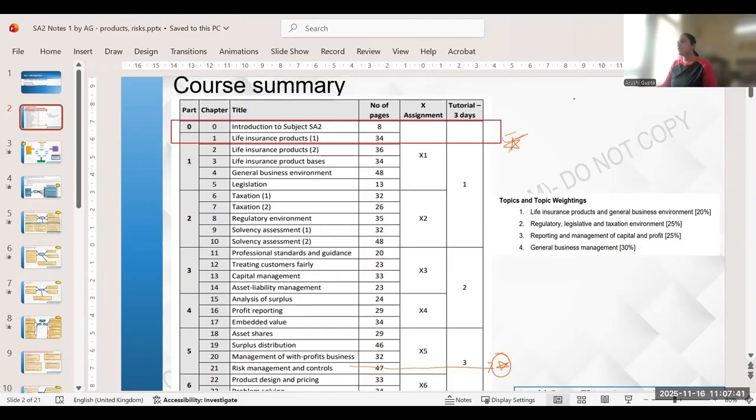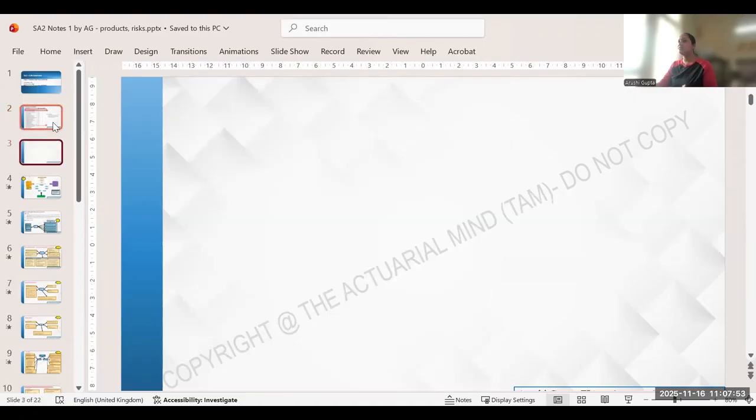Now, this chapter, yes, it contains lots of products, it discusses the features and everything. But I want to start with a helicopter view of how we should prepare, how we should connect the dots, and how to take things ahead for a good SA2 preparation. So in every class, the idea is that if you read and come, you will be able to catch things and grasp in a manner which will help you connect the dots and increase your chances to clear the exam. Now, yes, the core or the base of the subject is the products, and there is a long list.